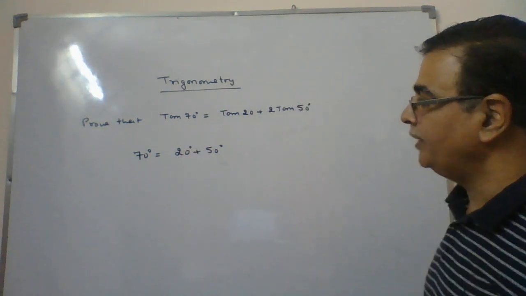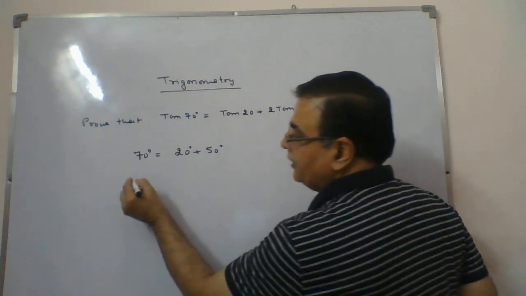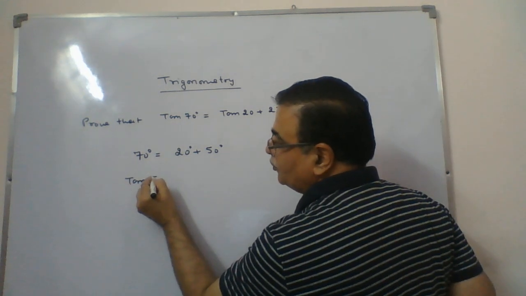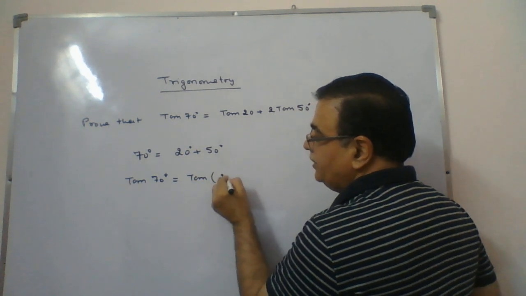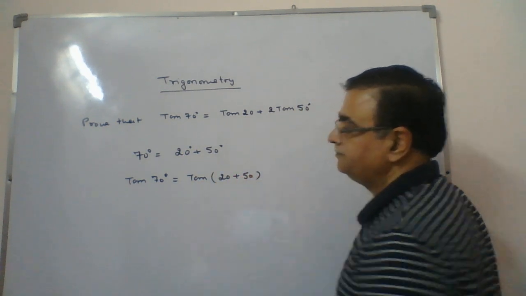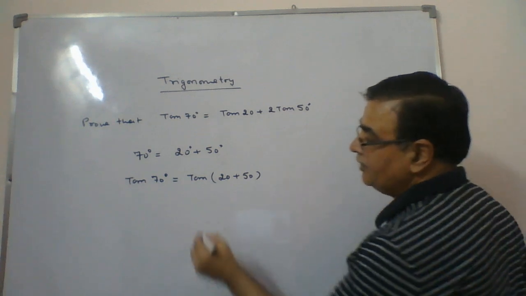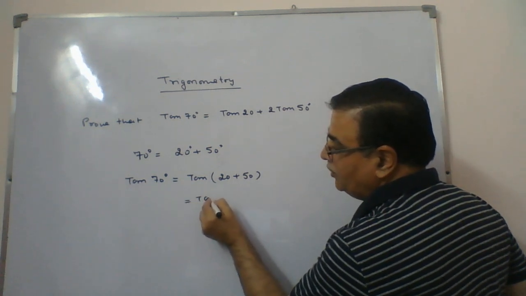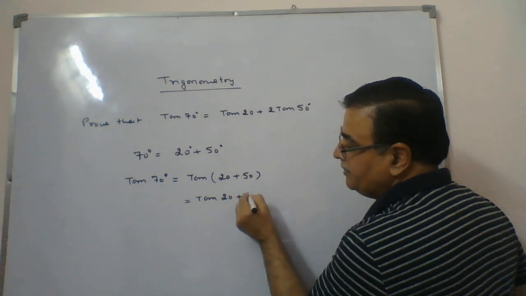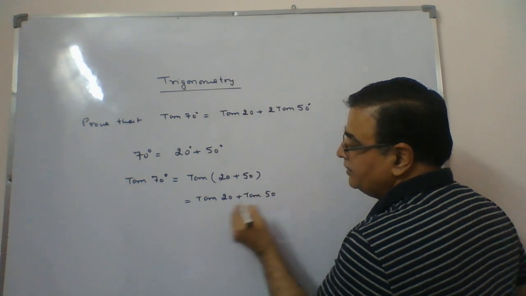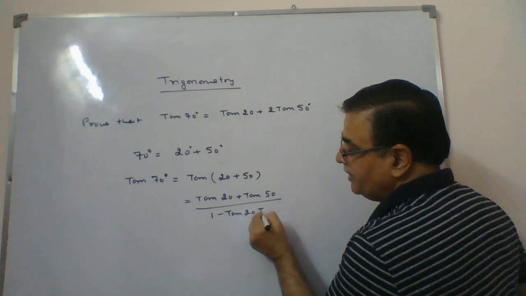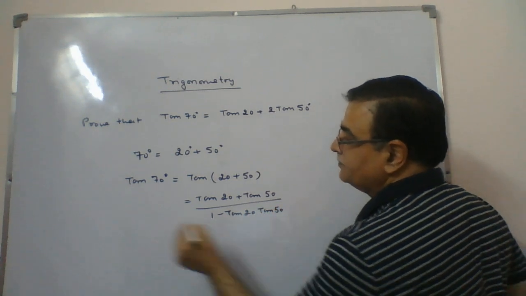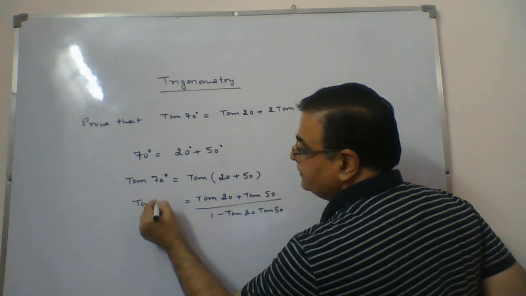70 degrees is 20 plus 50. We will take tan on both sides, so it comes out to be tan 70 degrees equal to tan(20 + 50). Then when you solve this with the tan formula, it will come out to be (tan 20 + tan 50) divided by (1 minus tan 20 tan 50), and this is equal to tan 70 degrees.